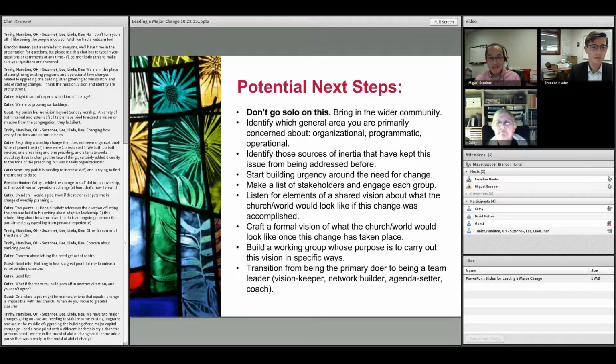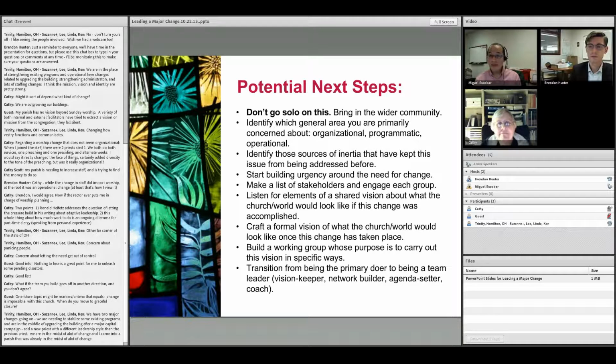Someone has a really good point, which is, what are some markers or criteria that equal change is impossible with this church? When do you move to graceful closure? First of all, great question. And I think there are certainly congregations in which change is more of an uphill battle than others. Especially in the sort of change process that we're describing, which is collaborative.